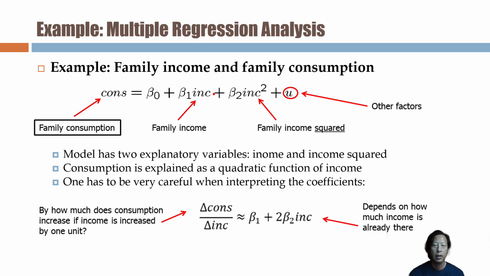Okay, this is another example. Family consumption will be a function of family income and family income squared. This is how we handle a non-linear relationship. We created a variable, family income squared, and then handle it as a new factor.